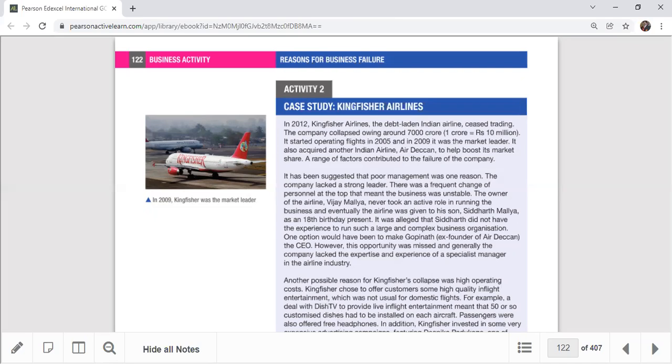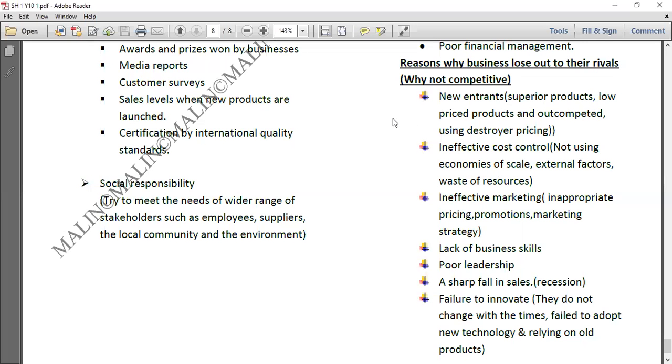In today's lesson, I discussed the main five reasons why businesses fail. We talked about the lack of competitiveness and the threat of new entrants, and how it caused failure. We talked about ineffective cost control, ineffective marketing management, and the lack of skills and poor leadership.